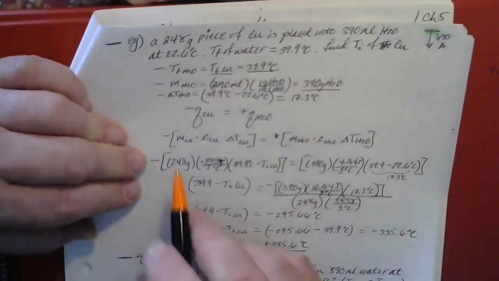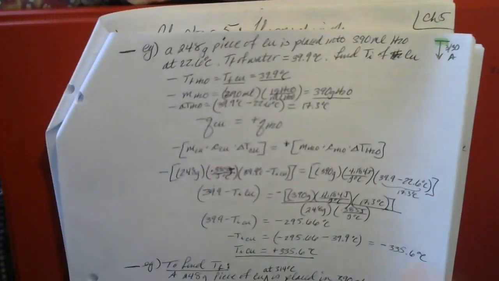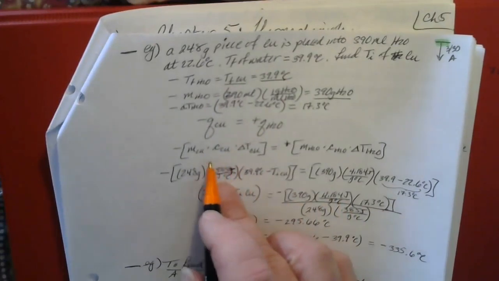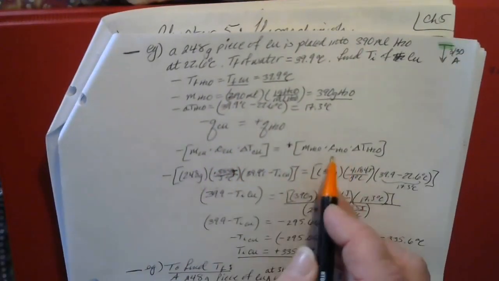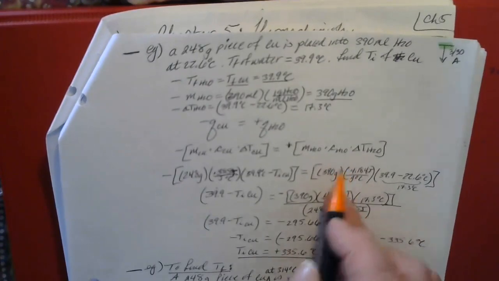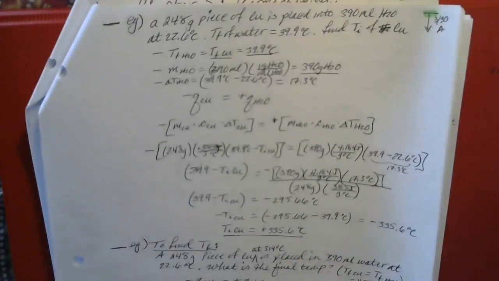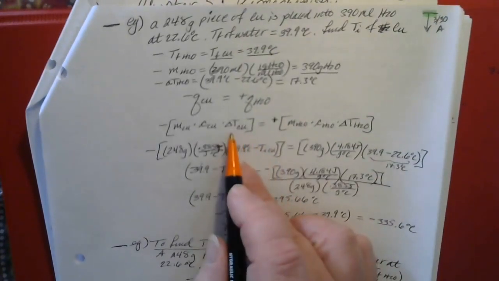Essentially, you can find anything in these equations. You could find the mass of the metal or the mass of the water. You could find the specific heat of the metal or the specific heat of the water if you really want to, although that's a pretty well-known value, 4.184 joules per gram degree Celsius. You could find the changes in temperature for the copper or the water or both. You could find individual values.